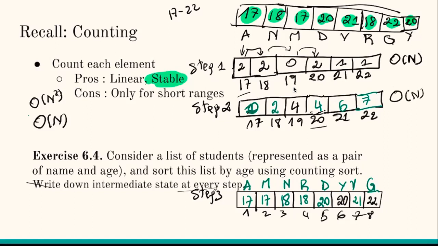Because the size of this array is not n. Is it n? I have here, look. I have here 1, 2, 3, 4, 5, 6, 7, 8. And here I have 1, 2, 3, 4, 5, 6. So it's not n. For the second array, yeah, okay.